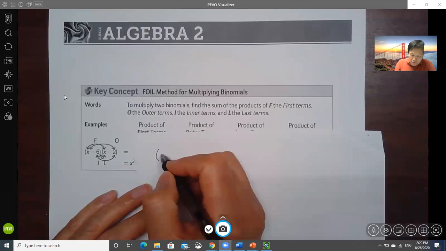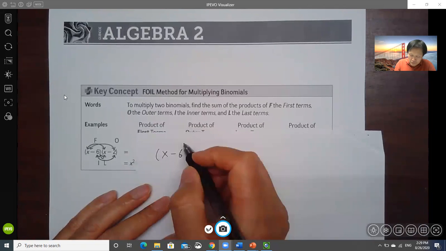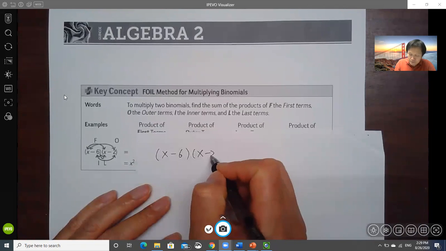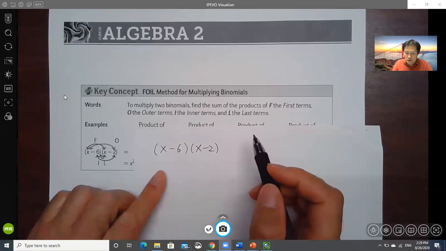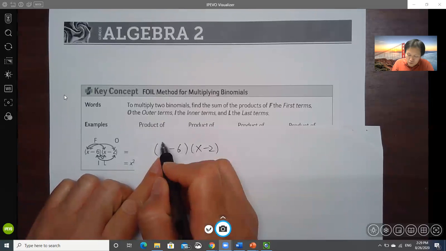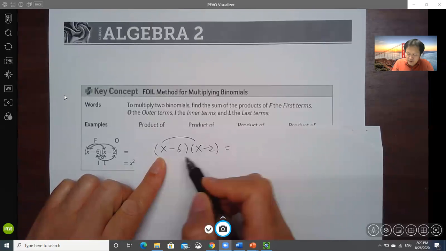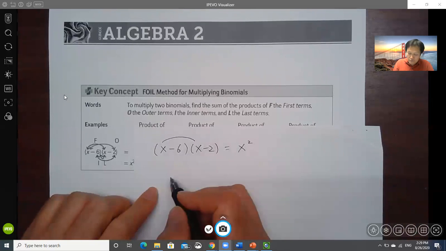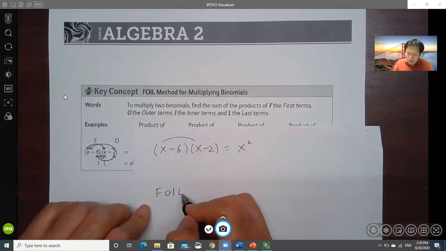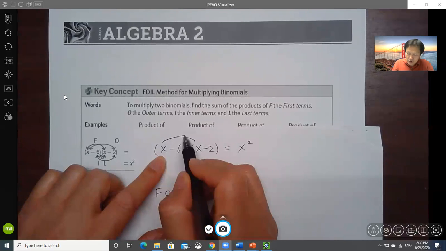So if you have a factored form of a quadratic function such as this, you can distribute this using FOIL. So front to front, you multiply x times x, x squared. FOIL, F-O-I-L. O is outside.